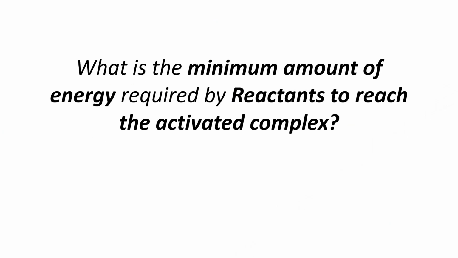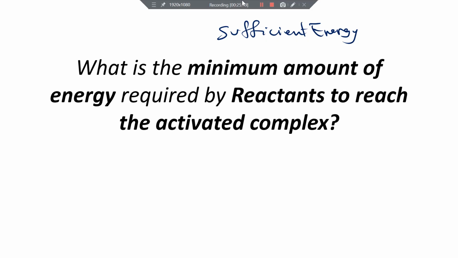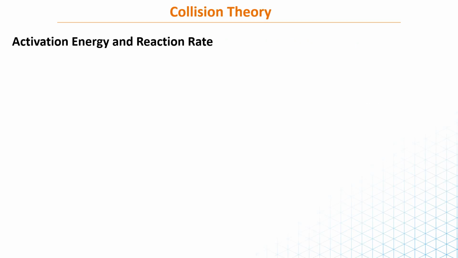So guys, we talked about sufficient energy. Sufficient energy, right? So what does it mean? شو معنى الطاقة كافية? What's the minimum amount of energy required by reactants to reach the activated complex? Okay, what's the amount required? So it's called the activation energy.